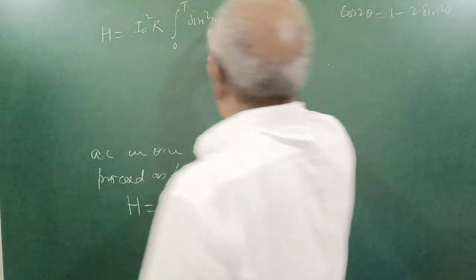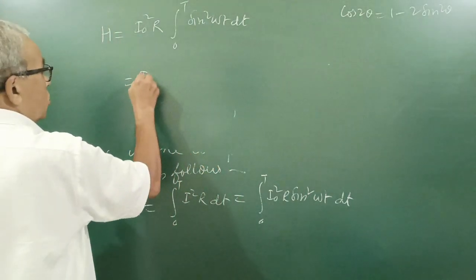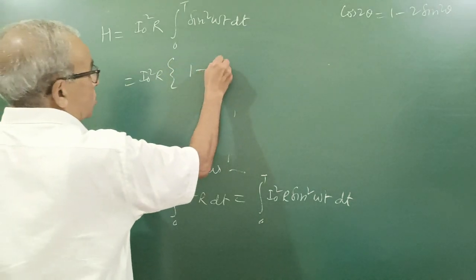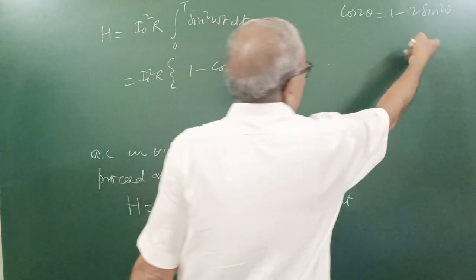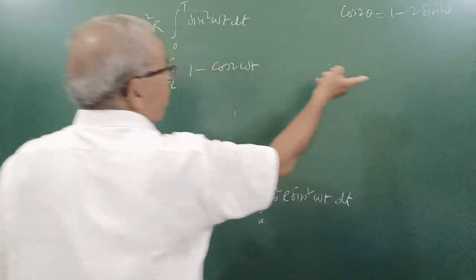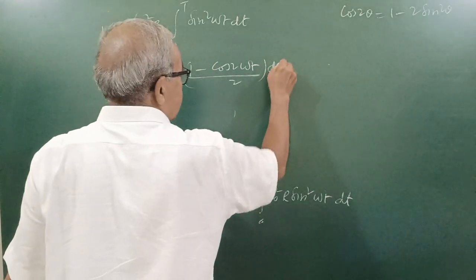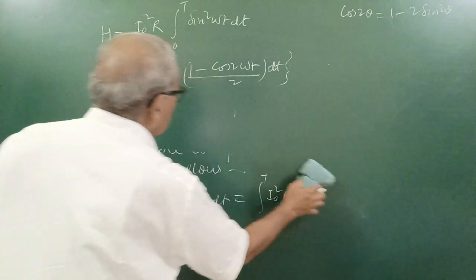From this we can convert this into I0 square R integral of (1 minus cos 2 omega t) divided by 2 dt. This 2 is common here.